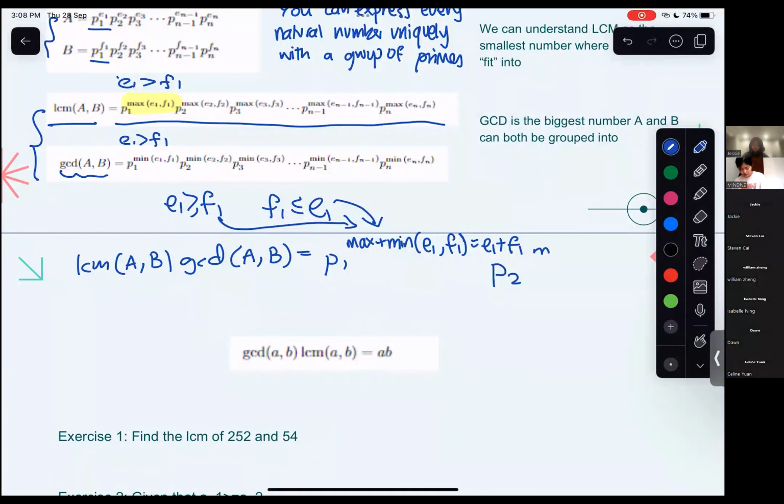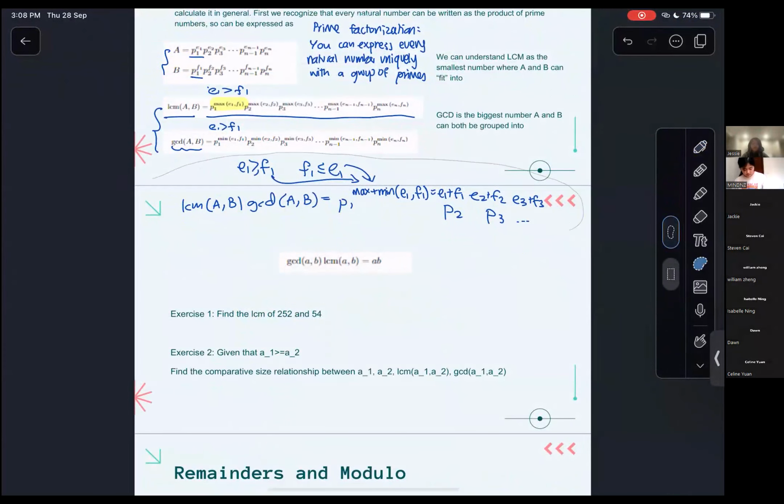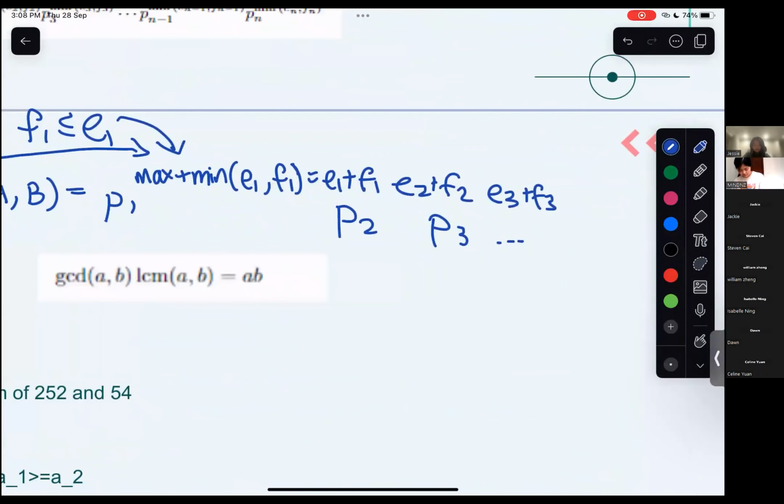So it really should just be E2 plus F2, plus E3 plus F3. Right.